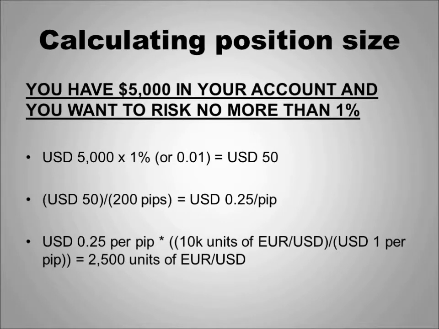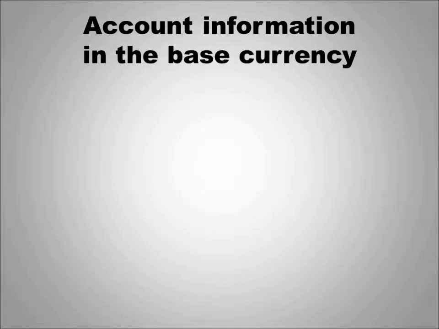And since each pip is worth only 25 cents, and we're talking 100,000 units of the euro dollar pair, that means 2,500 units of the euro dollar pair is what I am willing to risk to make sure that I don't lose more than 1%. So that's an example of how I was able to manage my risk just in case the market heads in the opposite direction of which I want it to be headed in.